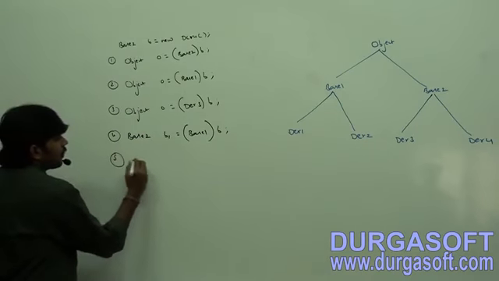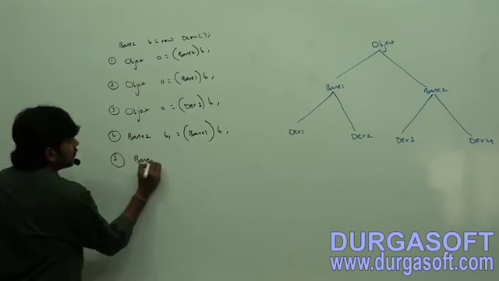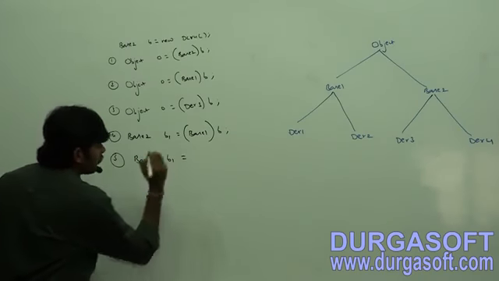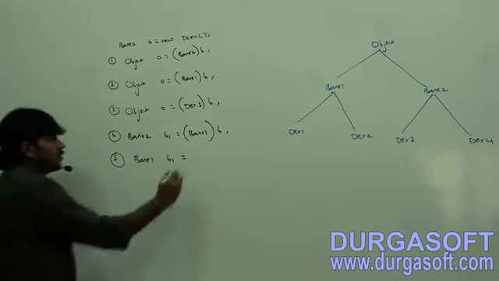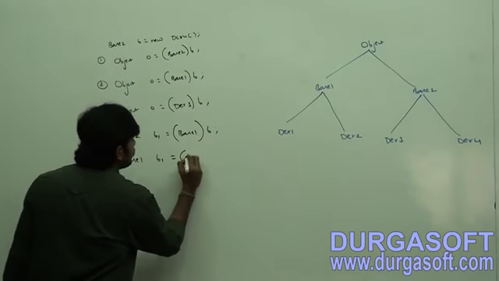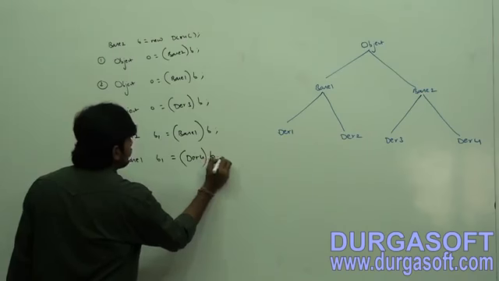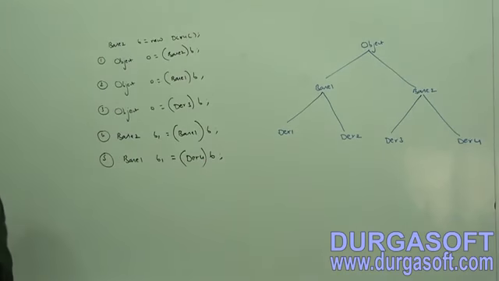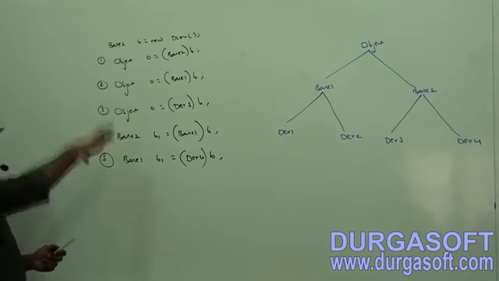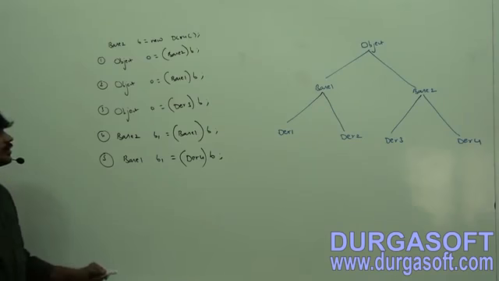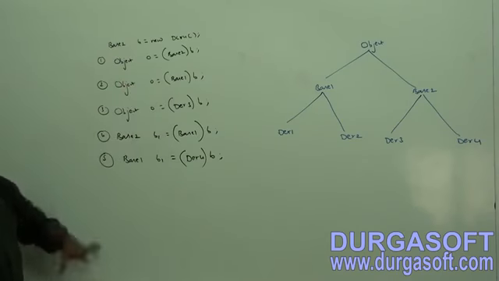Next, Base1 b1 = (Derived4) b or not. You have to decide whether these are valid or not.